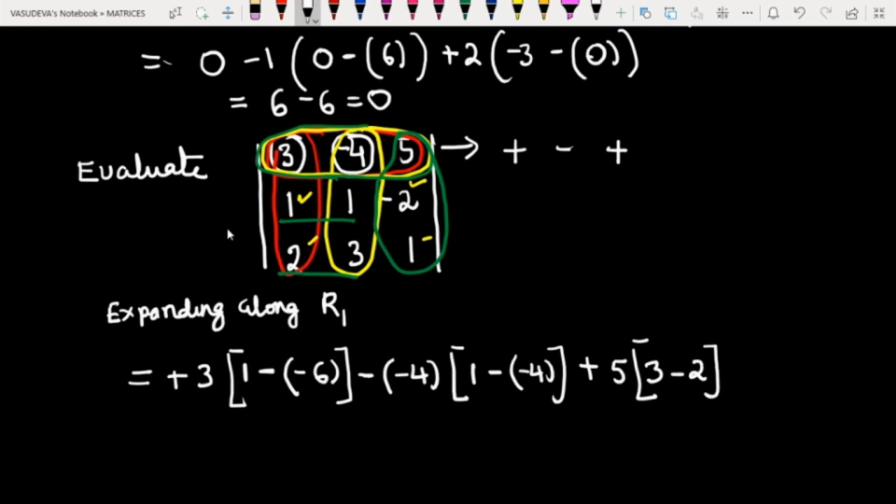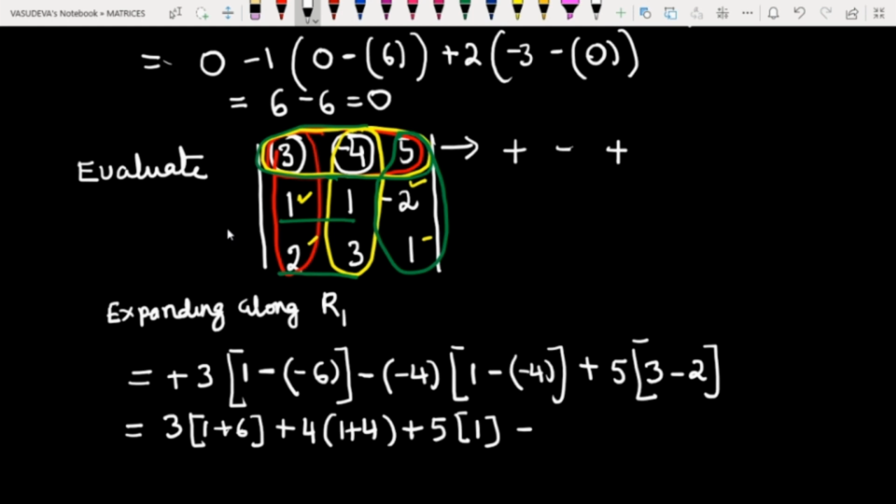Now simplifying this: 3 into 1 minus of minus 6, that is 1 plus 6; minus into minus, plus 4 into 1 plus 4; plus 5 into 3 minus 2 is 1.